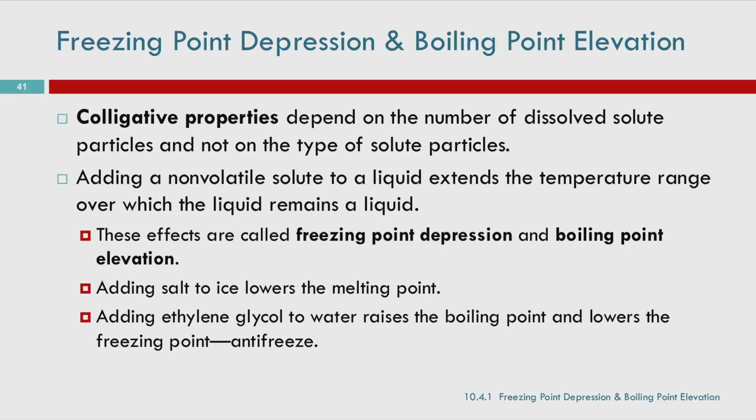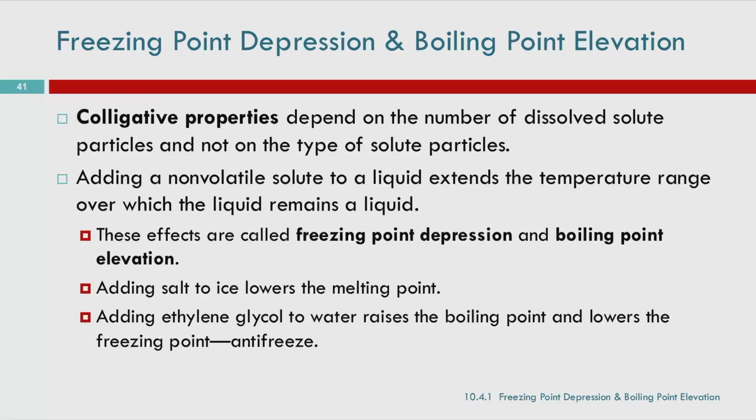Now we're getting to the part that I alluded to last time, but we didn't quite get to, of course. There are some properties of solutions called colligative properties. The co part is like together, and ligate is like another way of saying binding or tying things together.